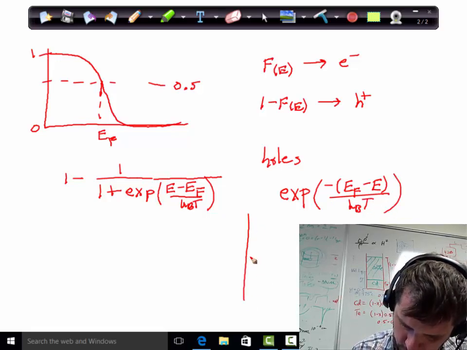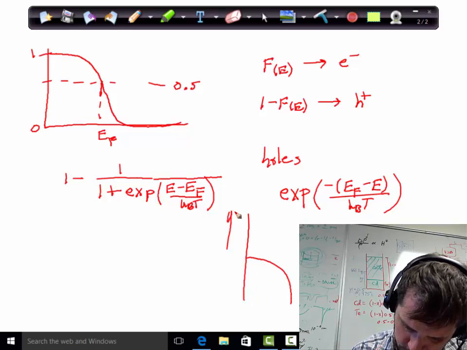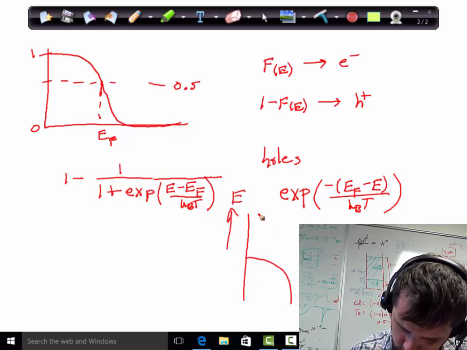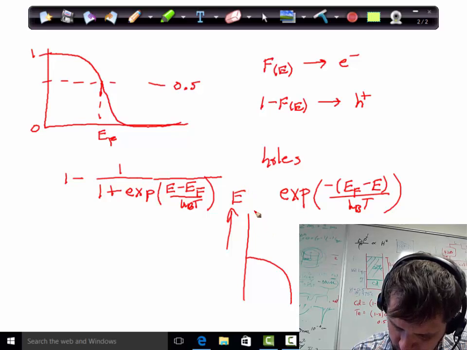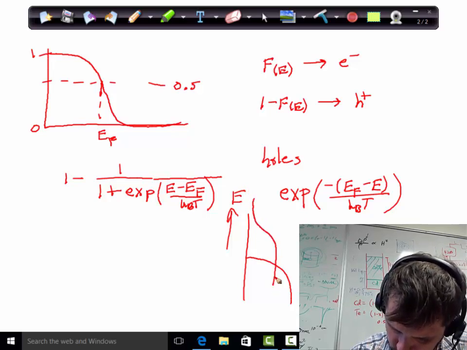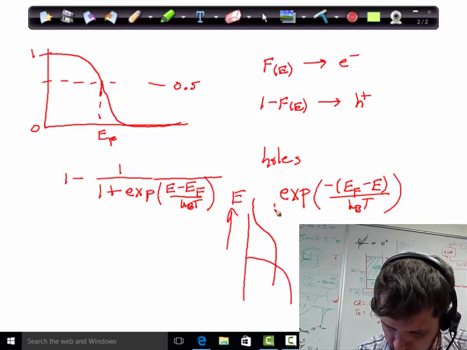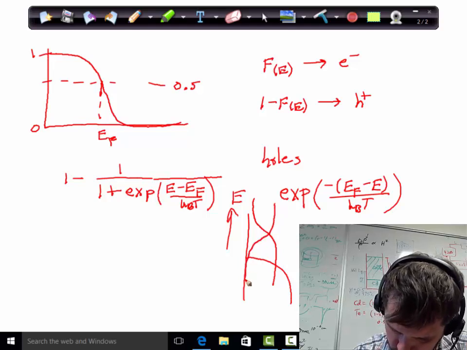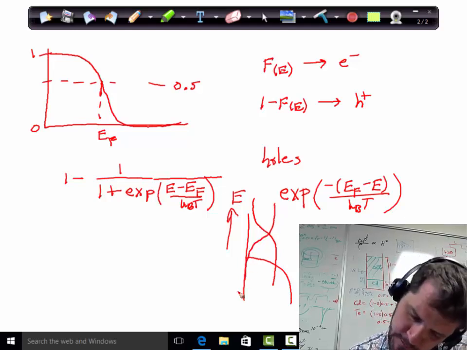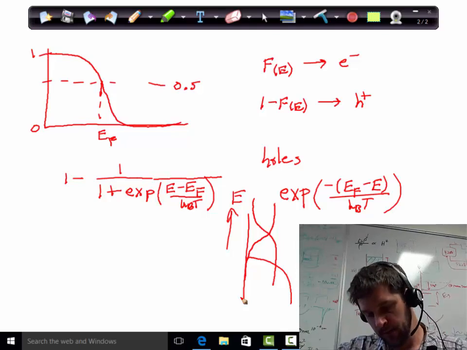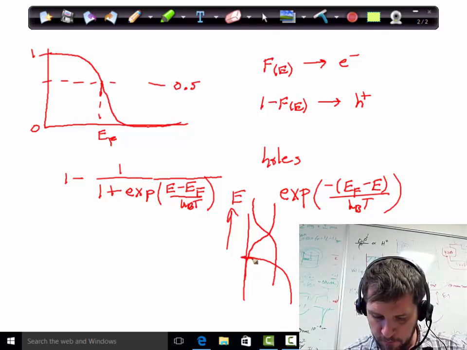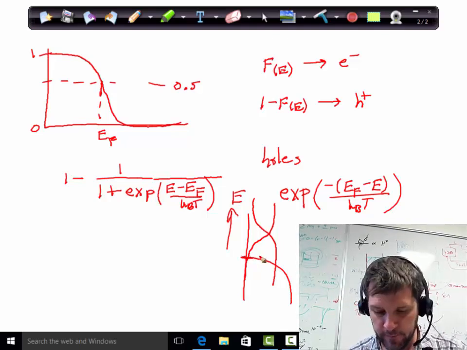So if energy is going this way, and our Fermi-Dirac function for electrons would go like this, then for holes it would look the opposite, and the hole population will be decreasing as you go down in energy, further away from the valence band edge.